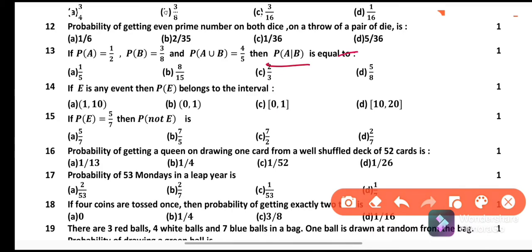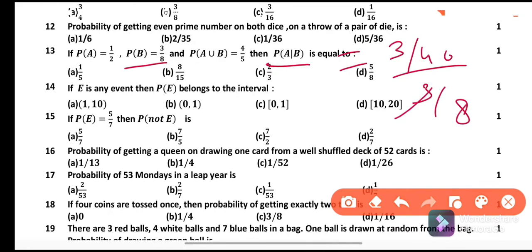Now the conditional probability is equal to probability of A intersection B divided by probability of B, that is 3 by 8, which is further equal to 1 by 5. So the answer is option A.